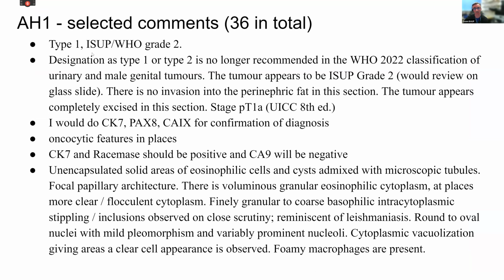Some people still using the type 1, type 2 categories, which obviously is not recommended in the latest WHO classification. Quite a number of those 36 comments wanting more immunohistochemistry, some describing the oncocytic features. And some perhaps didn't appreciate the capsule around the tumour.